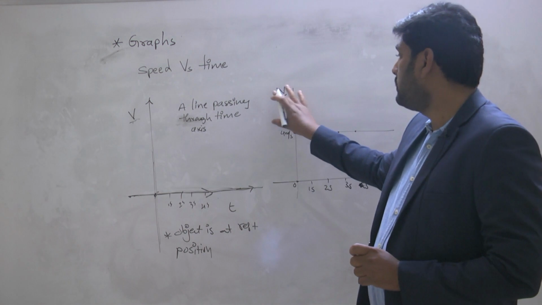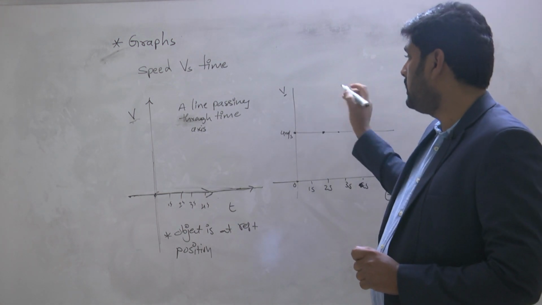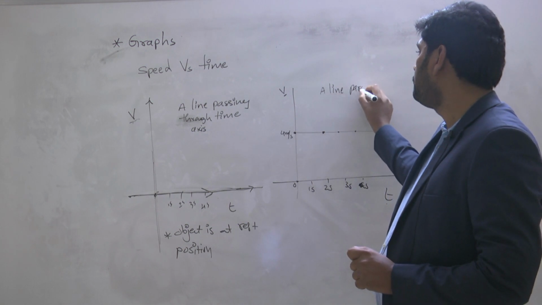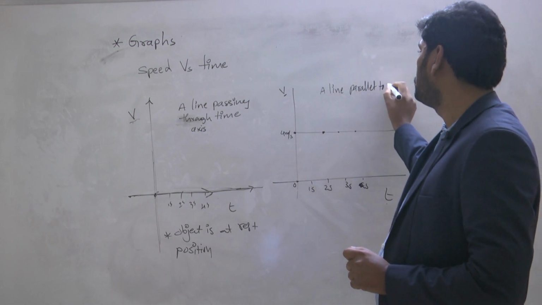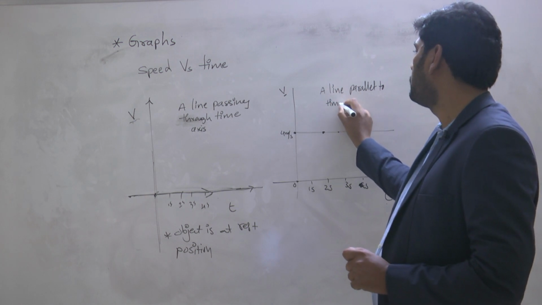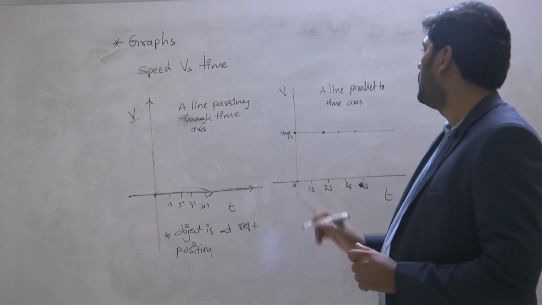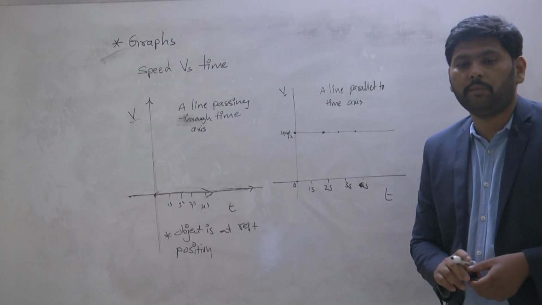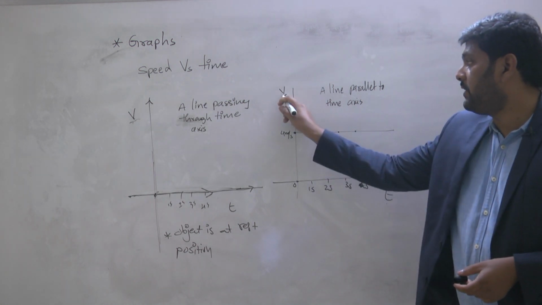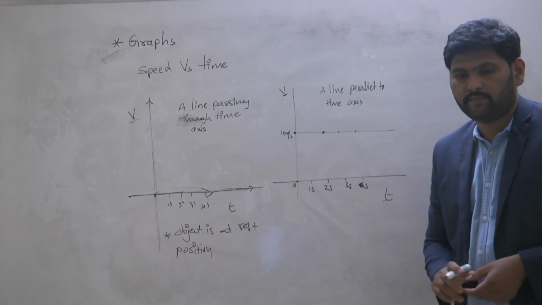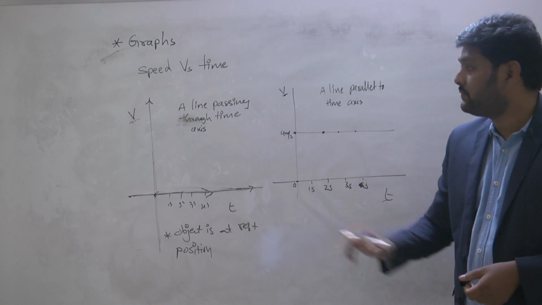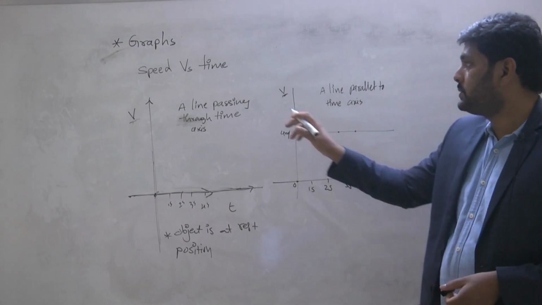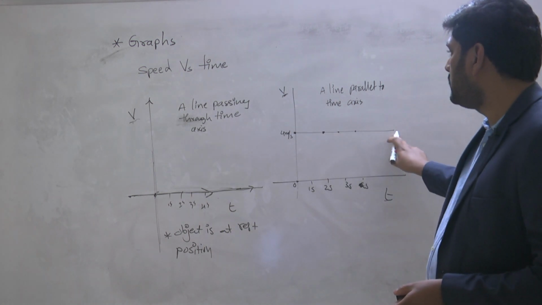First of all, write down the name of the graph and the line: a line parallel to the time axis.